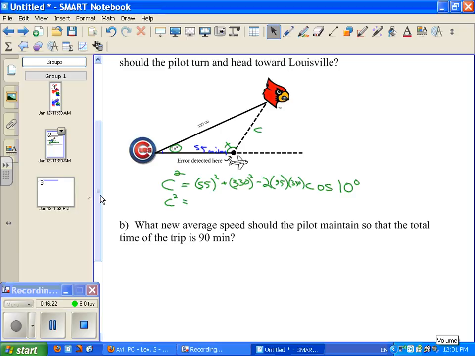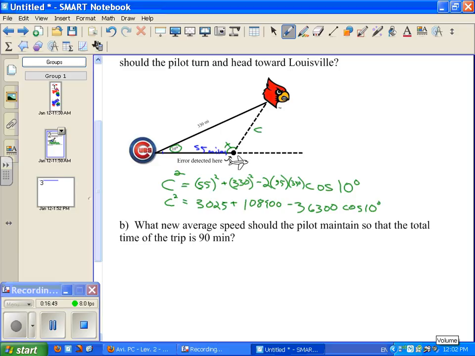So we're going to get some pretty big numbers here. 55 squared is 3,025, plus 330 squared, 108,900, minus 2 times 330 times 55, which is 36,300, cosine of 10 degrees.